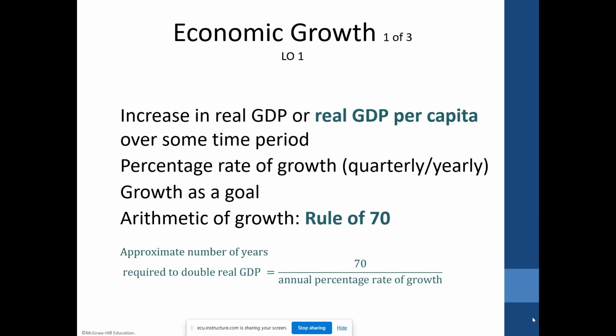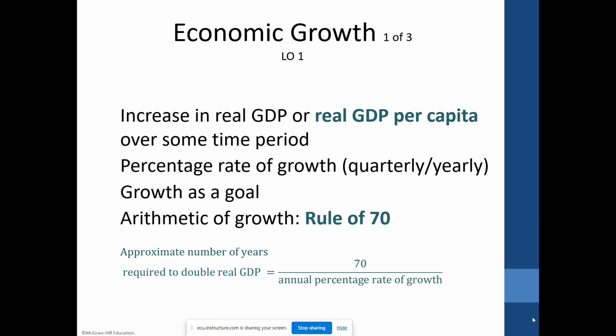Economists define and measure economic growth in two different ways. The first is an increase in real GDP over some time period, and the second is an increase in real GDP per capita over some time period.